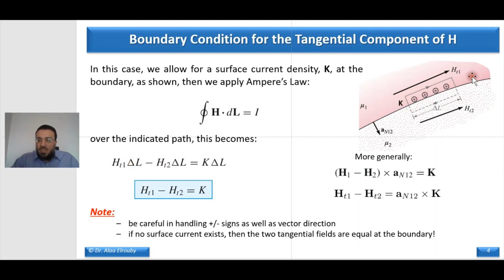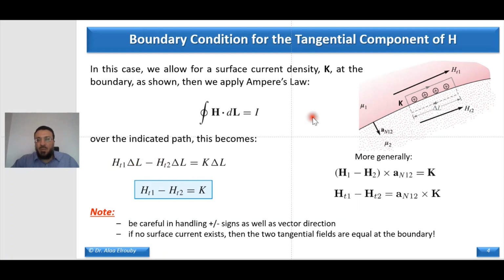If we consider this is the direction of the tangential component, for the upper side, H dot dl will be positive. For the bottom side, H dot dl will be negative. That's why we have H tangential 1 multiplied by delta L minus.